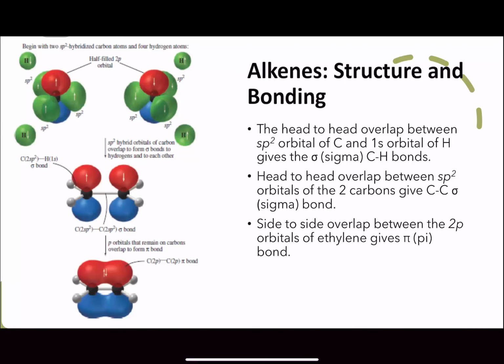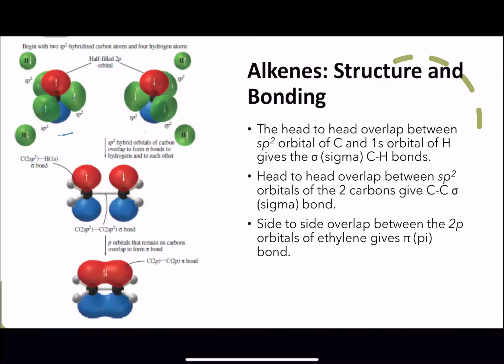So what about the bonding? How does the bonding take place? First of all, this is the carbon atom, the sp2 hybridized one. The three green lobes represent the sp2 orbitals, and the one in red and blue represents the p orbital.